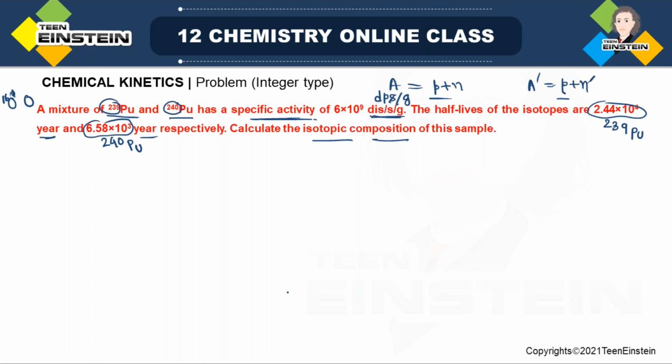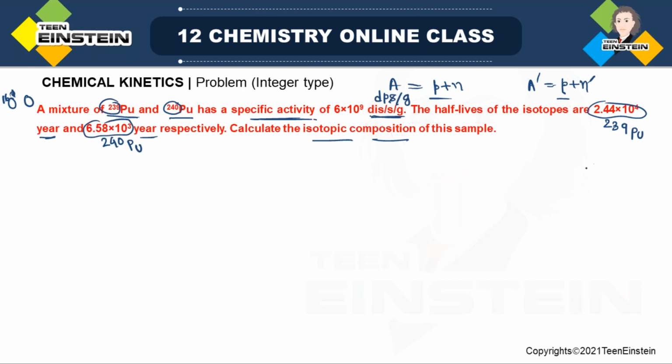Three types of isotopes are there and they have different percentage compositions. We know oxygen-16 is the most common, but there are other isotopes also. Similarly, hydrogen has another isotope, deuterium. These are different examples of isotopes.